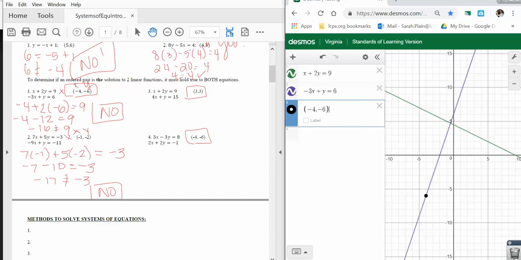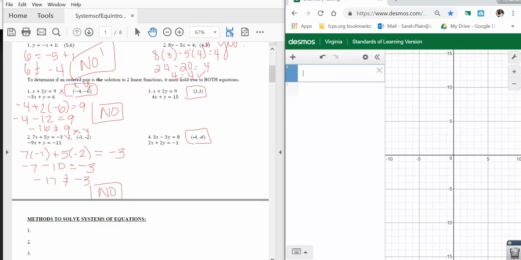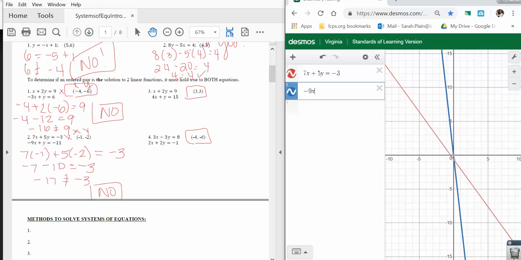Notice my black point is only on my purple line. It has to be where those lines intersect to be able to determine the solution. So since this point right there does not show where those 2 lines intersect, that would be no, not a solution, which is why I wrote no. If we go down to number 2, I'm going to type in 7x plus 5y equals -3, and -9x plus y equals -11.